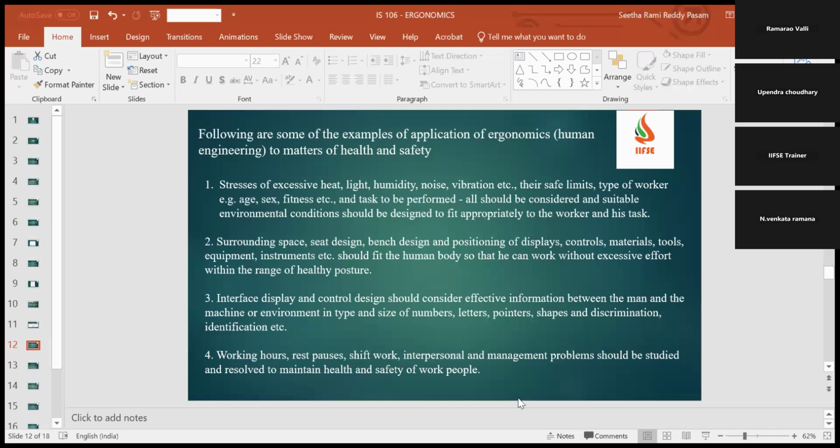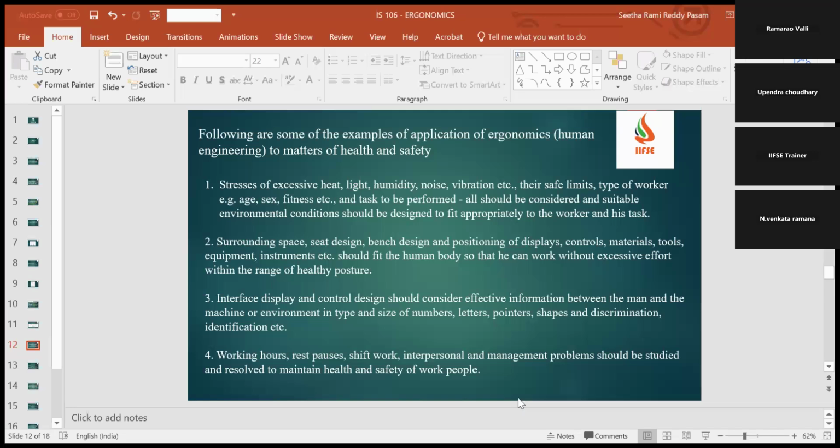Such positions and controls, and even materials, tools and equipment, have to be very close, or should fit. The tools you are using should not be so big that you can't handle them, otherwise he can't perform the activity effectively, and then there is no use. All these aspects have to be considered so that he can work comfortably and in a healthy posture.